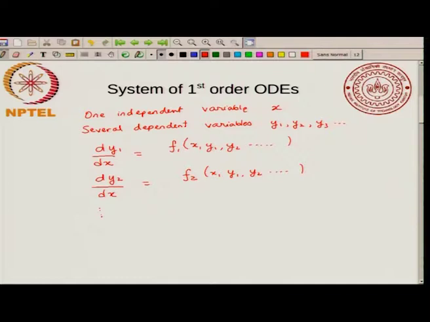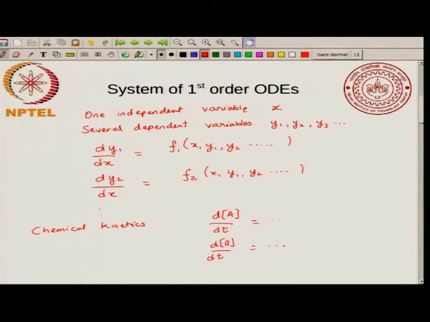Okay. So, this is a system of first order differential equations, and this is something that we encounter very often. You might remember your chemical kinetics. In chemical kinetics, we often have something like dA by dt is equal to something, then you have dB by dt equal to something, and so on.